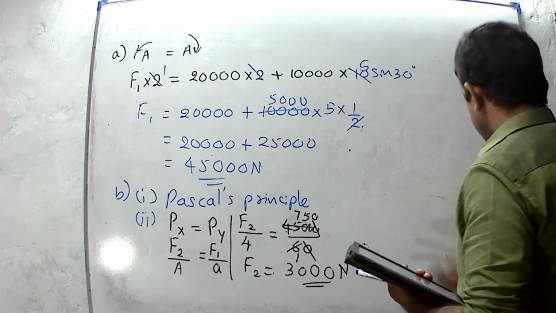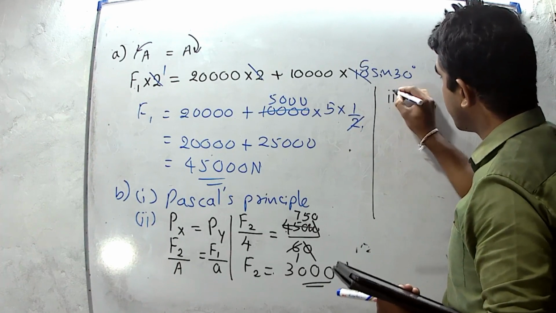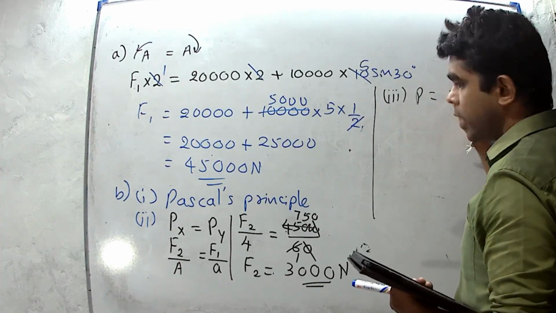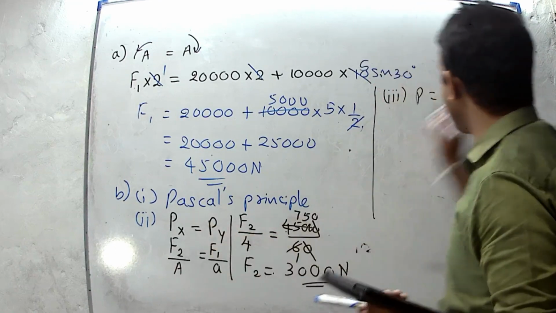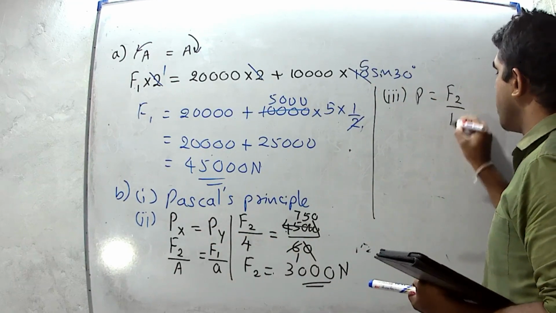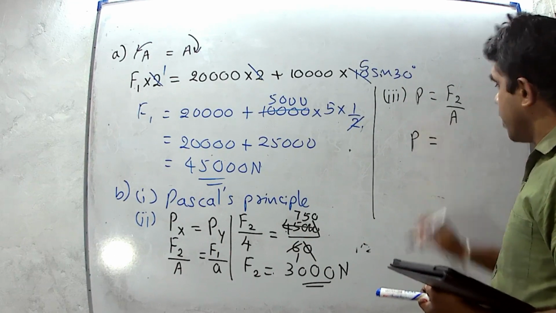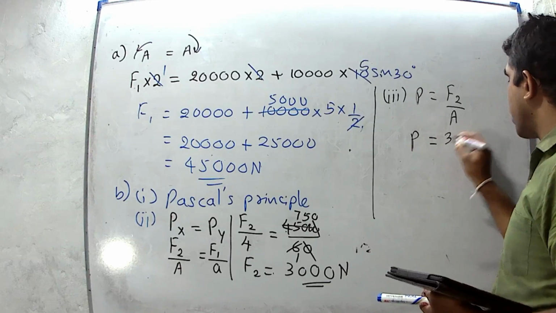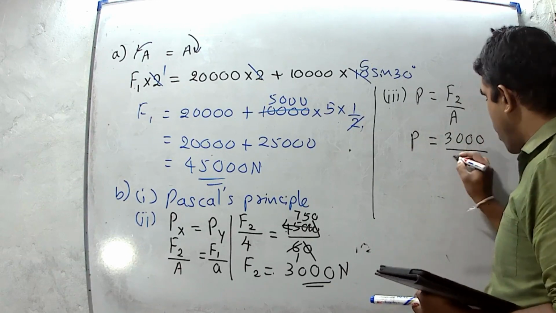We can write the pressure of compressed oil. Pressure equals force divided by area. Now I will use F2 divided by capital A, the area. It means the area of the master pump. The F2 value is 3000 divided by the area of the master pump, 4.